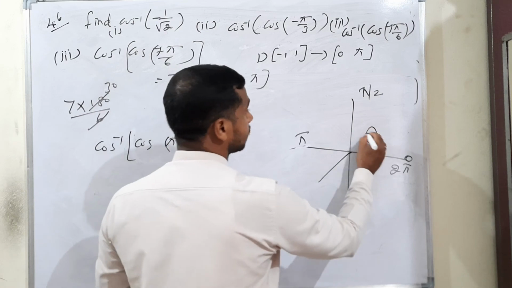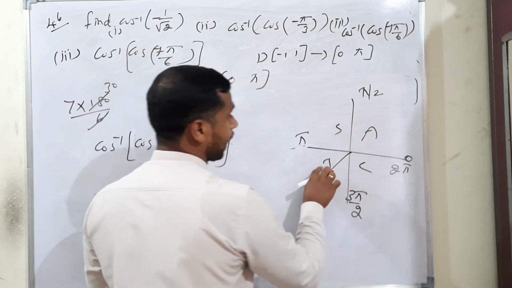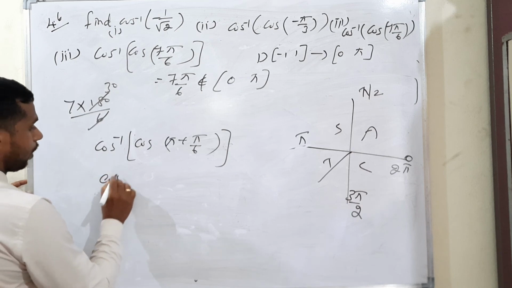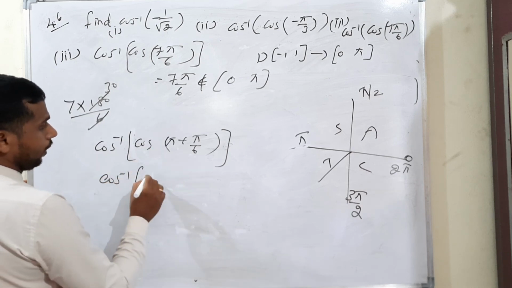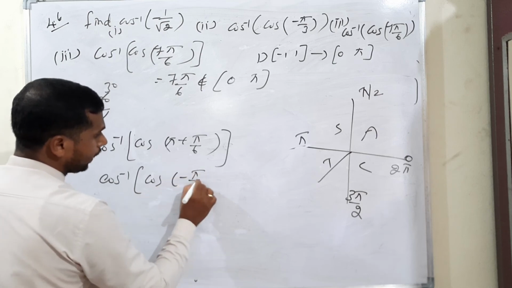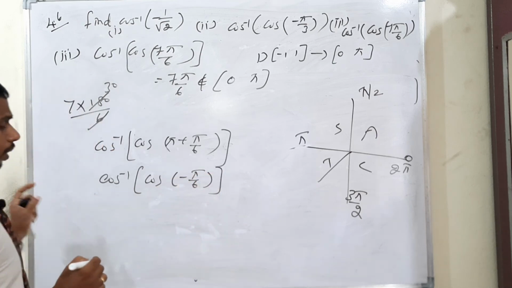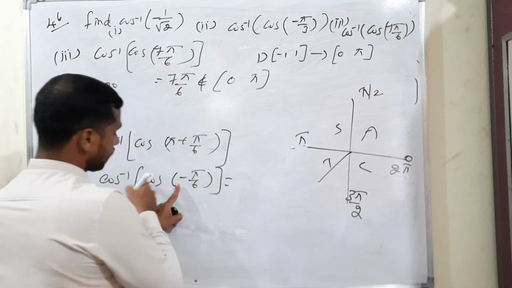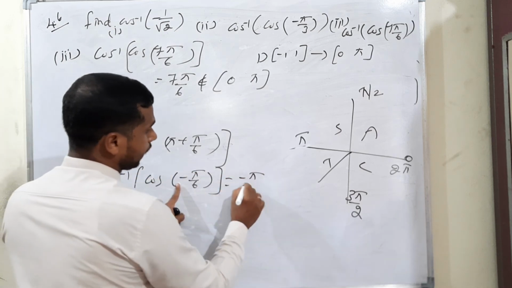In the third quadrant only tan is positive, but here cos is there, so cos is negative. Therefore, cos inverse of cos of minus pi by 6.